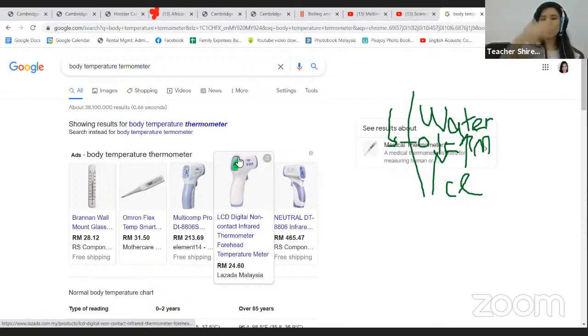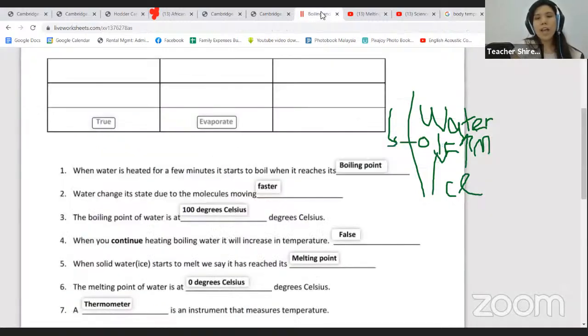When it's red, it means we're having fever. Maybe you have coronavirus, maybe you don't. Why maybe? Because some of the coronavirus patients have fever. So when you have fever, they don't let you into the mall. But having fever doesn't mean that you have coronavirus. Understand? Fever is just one of the symptoms of coronavirus.